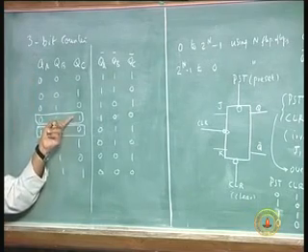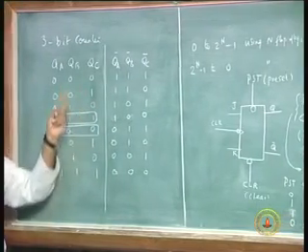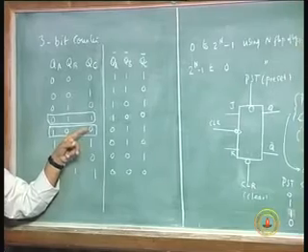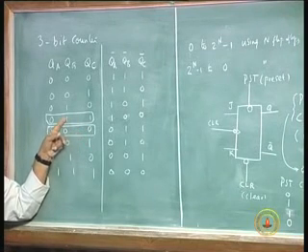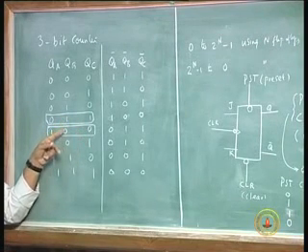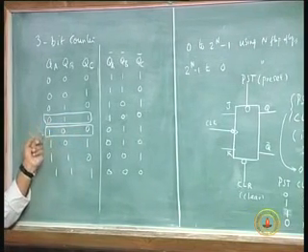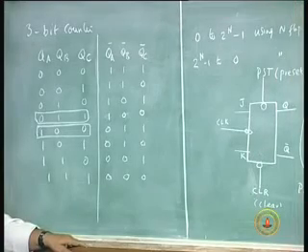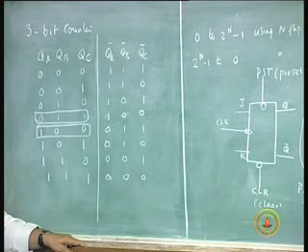I am feeding the clock to the C flip-flop, as you can see there. It is going to take its own time for this to become 0. After that delay only, this flip-flop will go from 1 to 0. After that delay only, this 0 will go to 1. So from 0, 1, 1 to 1, 0, 0 to settle down, it is going to take a finite amount of time. Is that right?